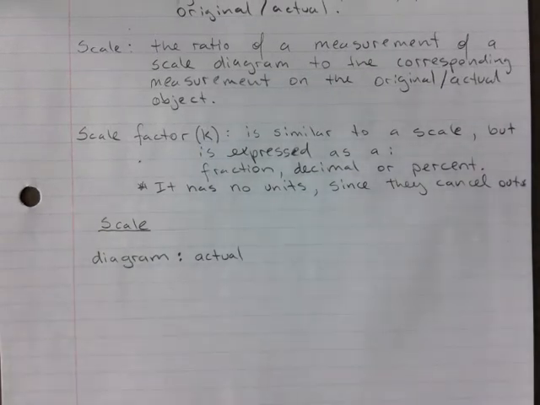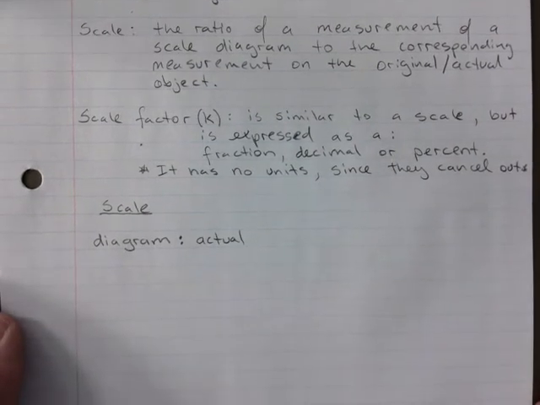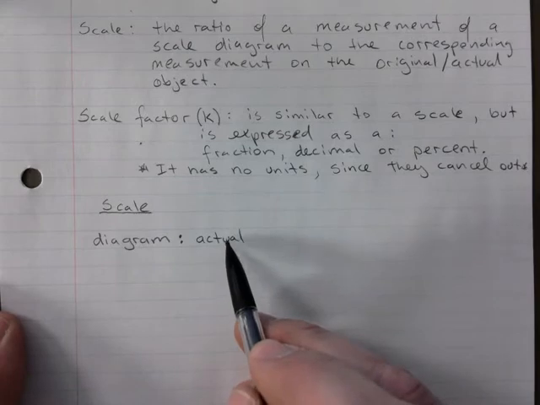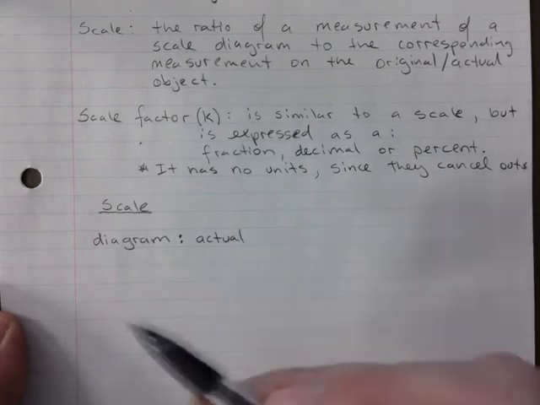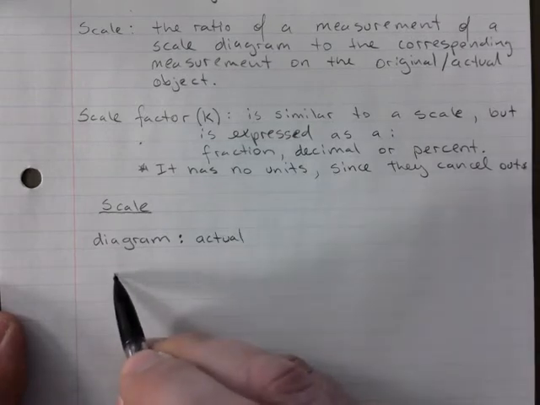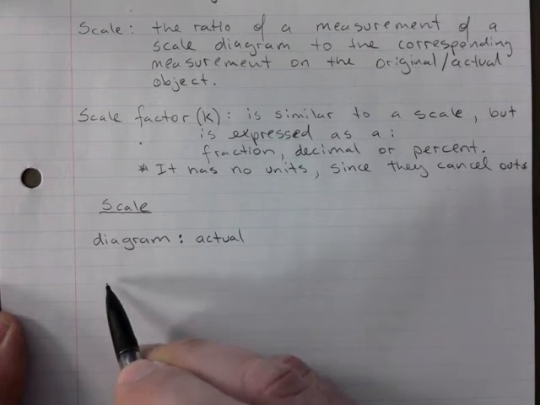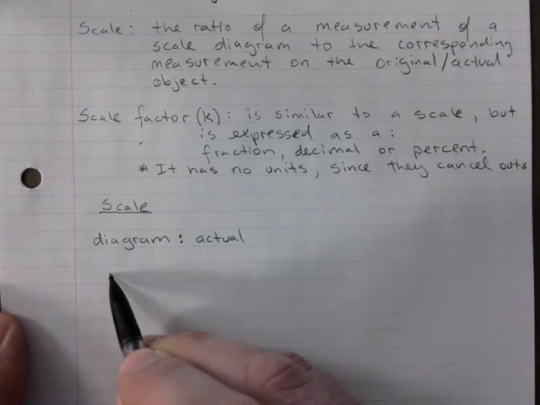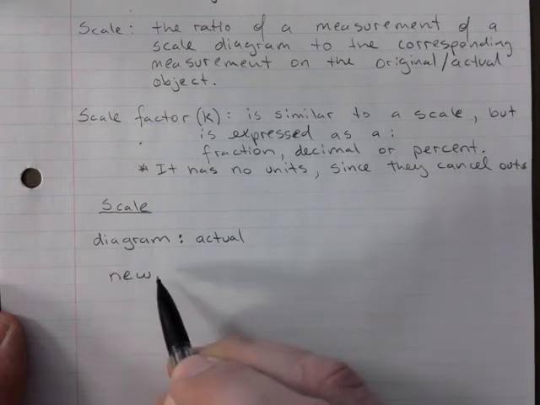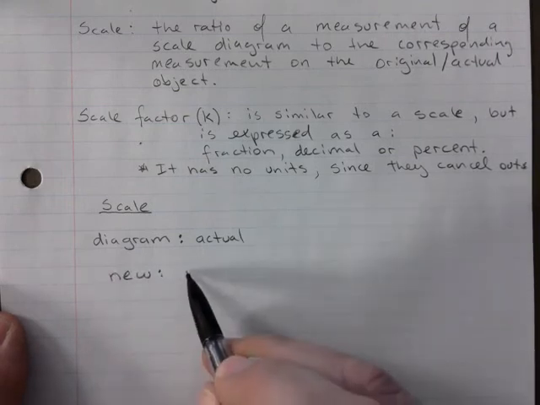So the number on the left represents what has been used on the diagram and how much that represents in the real world, okay? Another way of looking at it is also when you're making copies, you would rather want to use new and original.